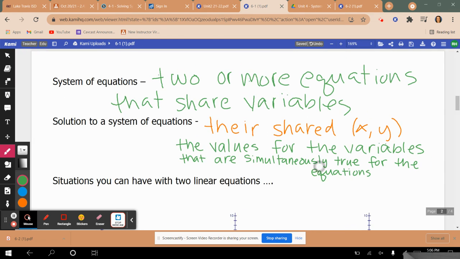So the values for the variables that are simultaneously true for the equations.